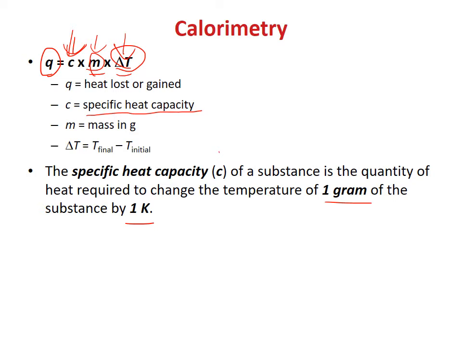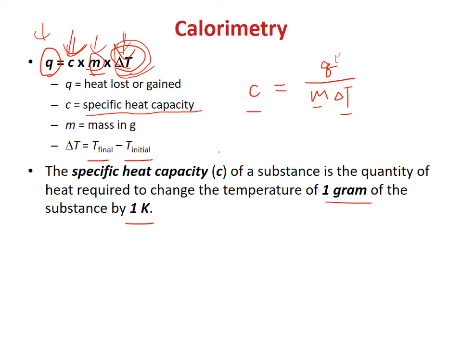Now, if we can measure the heat and the temperature change, then we can calculate the heat capacity, which is Q divided by m and the temperature change. So with the mass, temperature change, and heat, we can calculate the heat capacity. And note that in this equation, delta T is the temperature change, which is final minus initial.